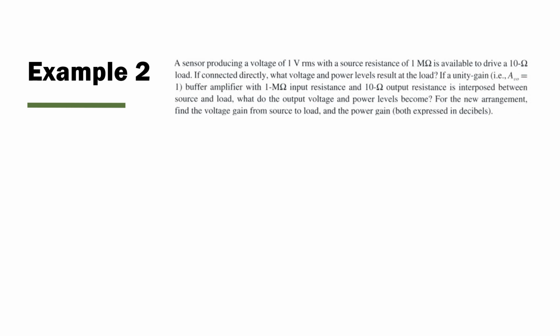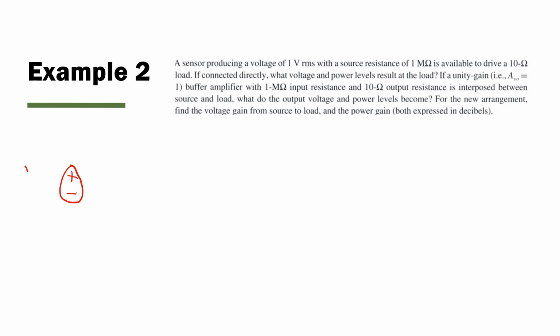Okay, let's continue solving. So if a unity gain, as in AVO equals 1, buffer amplifier with 1 mega ohm input resistance and 10 ohm output resistance is interposed between source and load, what do the output voltage and power levels become? So this is turning into the original schematic we showed. So let's start drawing it.